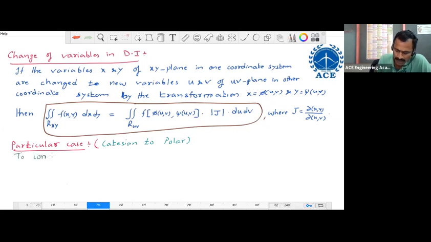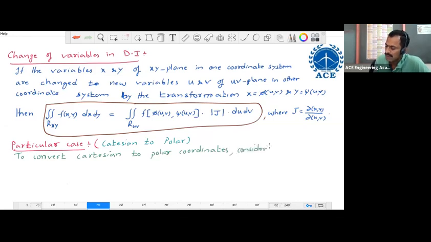To convert Cartesian to polar coordinates, consider x equal to r cos theta, y equal to r sin theta.